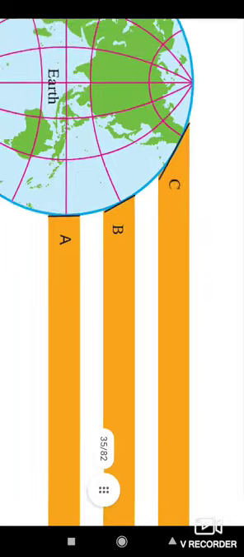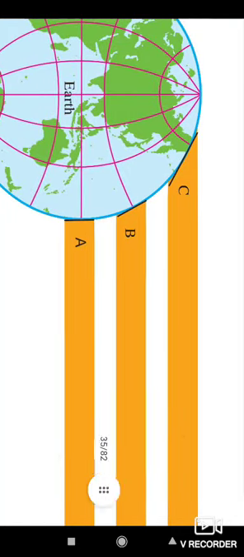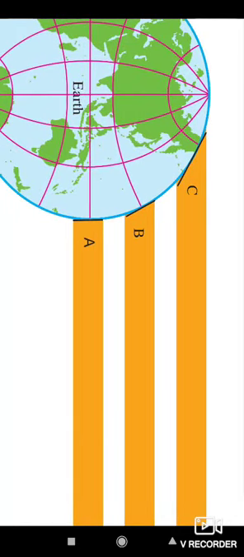So here this is the spherical shape of the earth, and at the equator the rays give a straight line of heat. So the temperature at the equator is very high, while at the Tropic of Cancer we have a much lower temperature. So we count less hotness or lower temperature than that of the equator region.